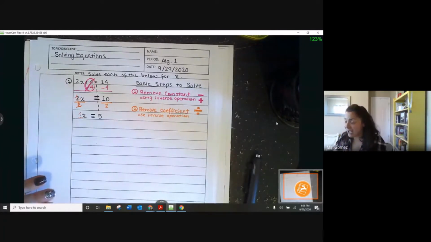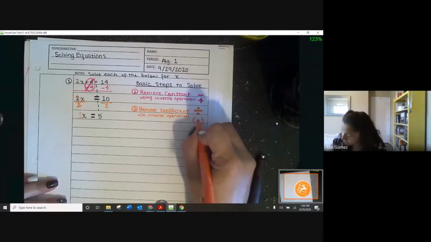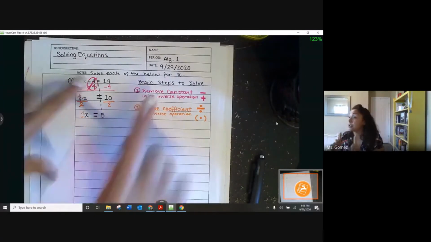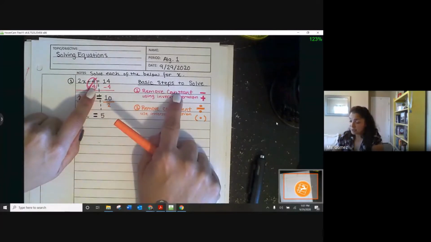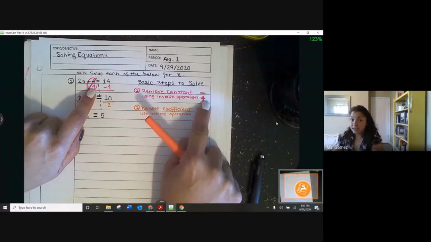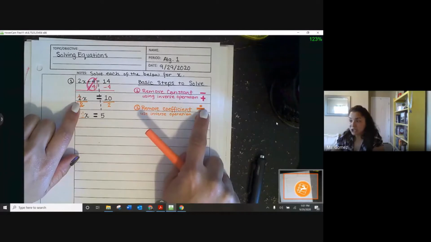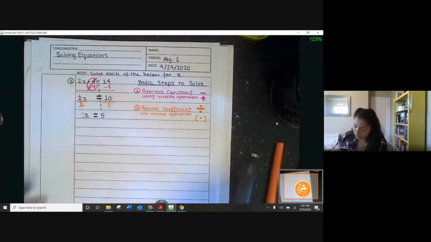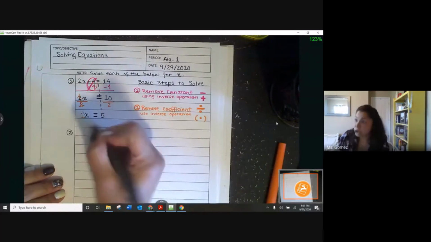But sometimes we're going to use multiplication, either the dot or parentheses, okay? I'm keeping the colors very specific. I'm going to use pink to remove my constants, usually either subtracting or adding. And then I'm going to remove my coefficient. Most of the time, it's going to be division. Sometimes it's going to be multiplication. But don't worry, we're going to go through these examples. So we're going to use these basic steps for example 2.